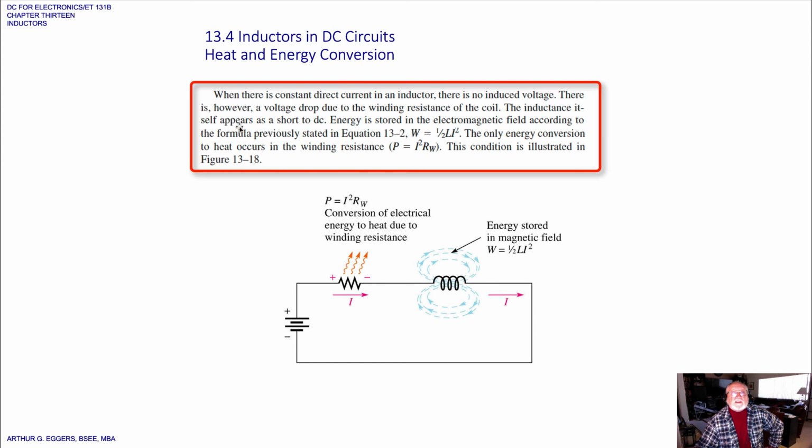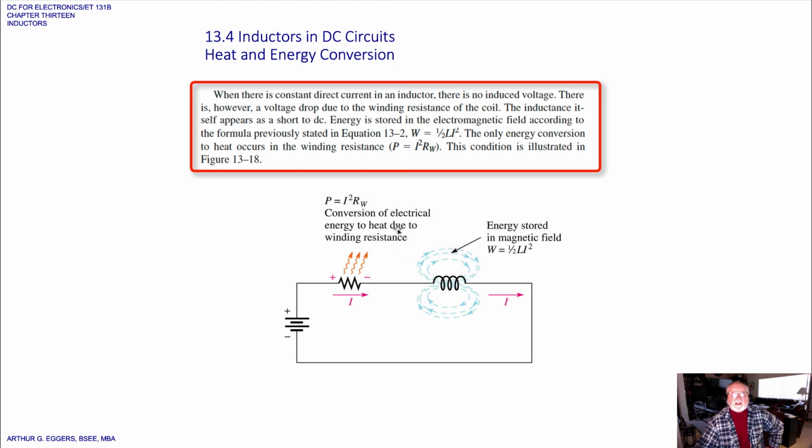The inductance itself appears as a short to DC. Energy is stored in the electromagnetic field according to the formula previously stated. Energy is equal to 1/2 L current squared. The only energy conversion to heat occurs in that winding resistance. Power is equal to I squared R sub W.